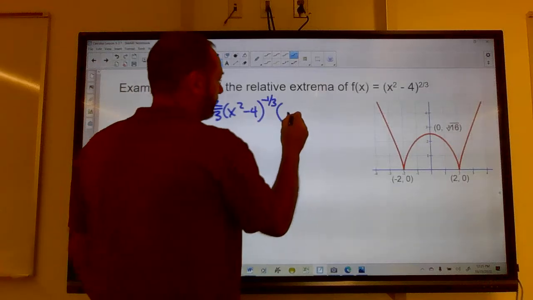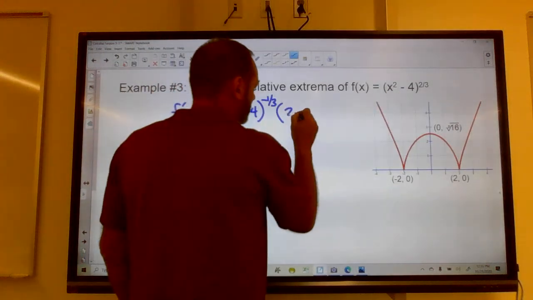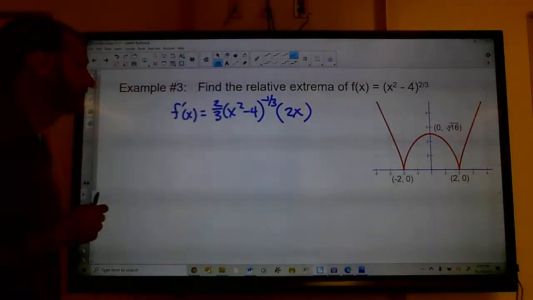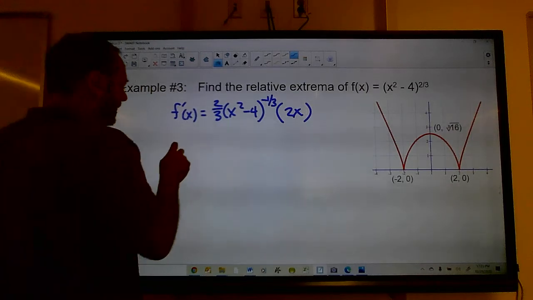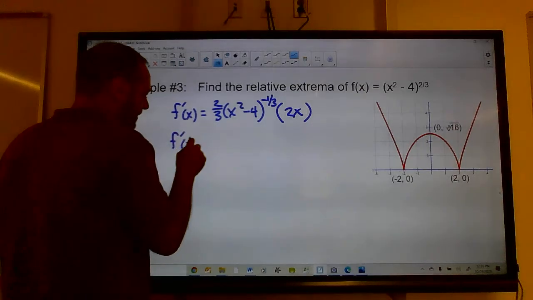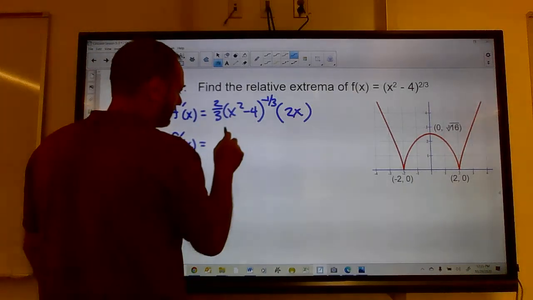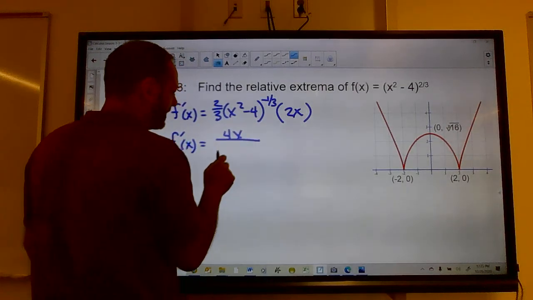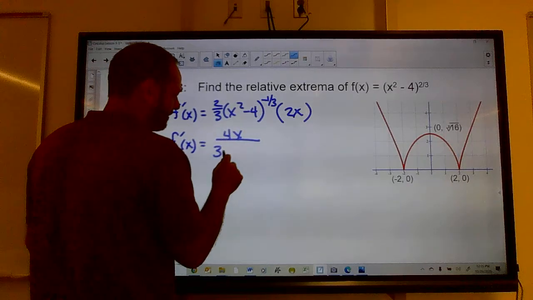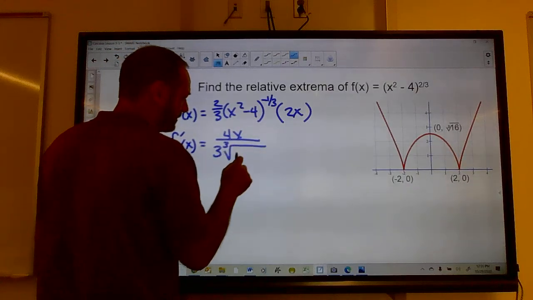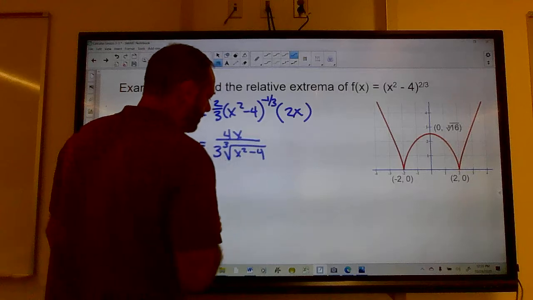I got to use the chain rule times the derivative of the inside, which is just 2x. All right, so I can rewrite this. In my numerator, 2 times 2x is going to be 4x. In the denominator, I'm going to have 3 times the cube root of x squared minus 4.